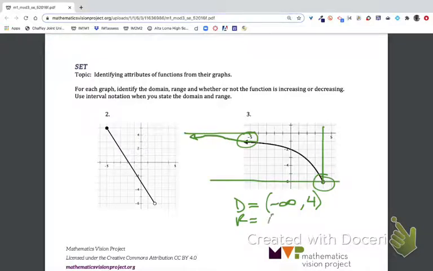So it's going to start at -6, and that open circle means that we're going to have that open parenthesis, and it's going to go up to 0. And we can say that this is a decreasing function because from left to right, it is going down to that open circle.